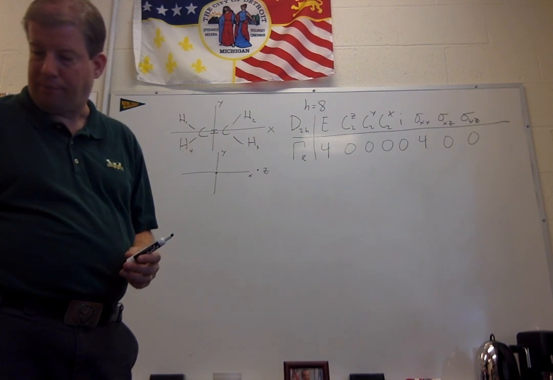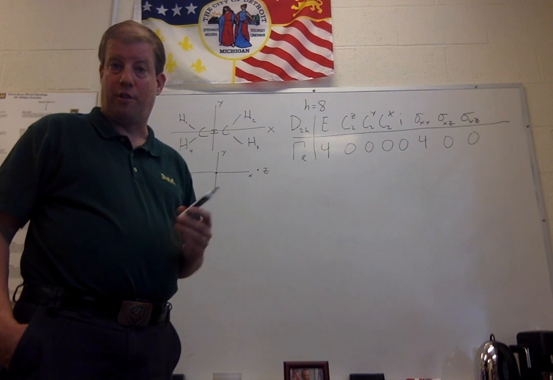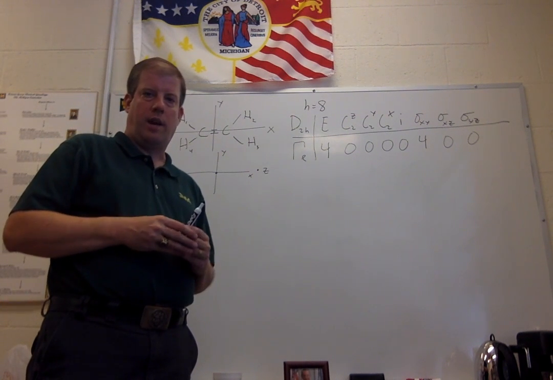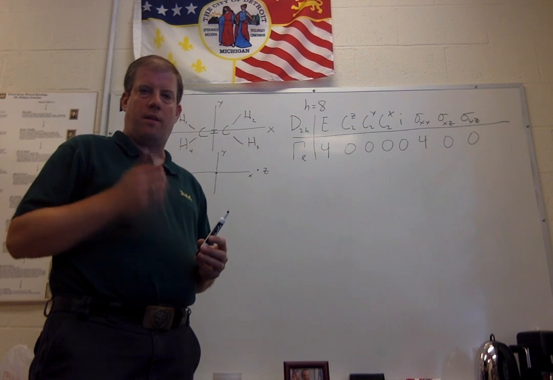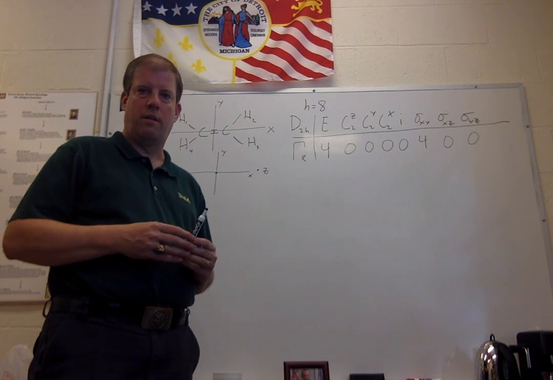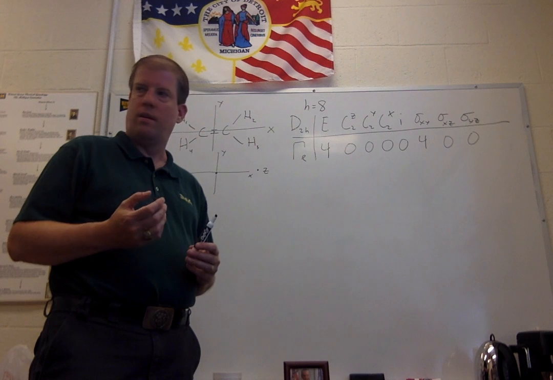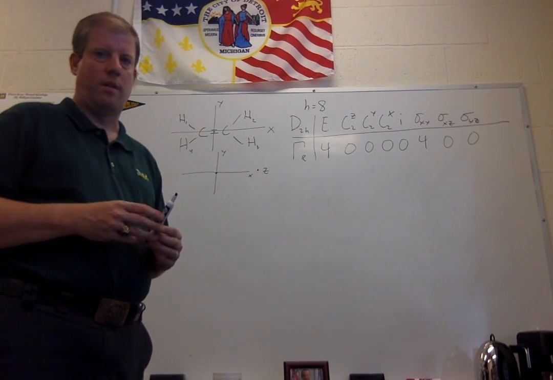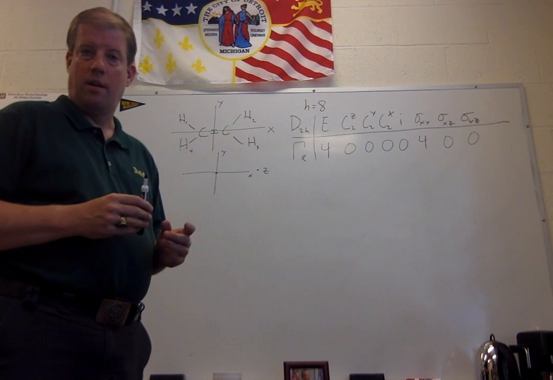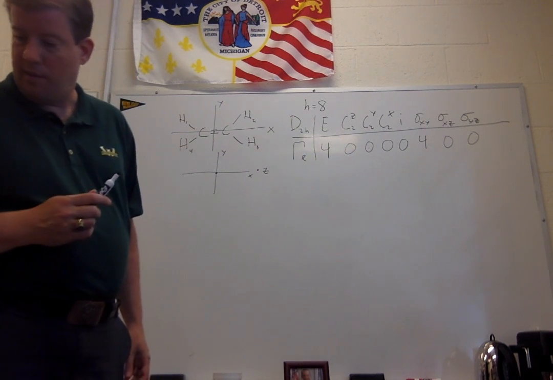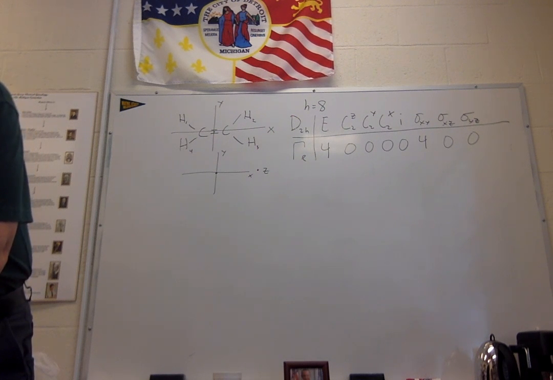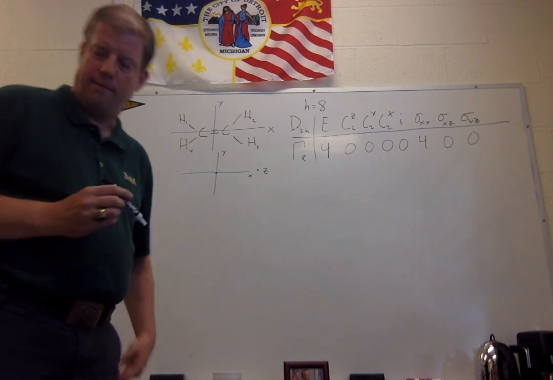We have Gerade, which is the G, and the Ungerade, which is the U. What that means is, again, that it's either symmetric gerade or anti-symmetric ungerade with the inversion center. And so more on that later on. So let's test the first one, which is Ag.